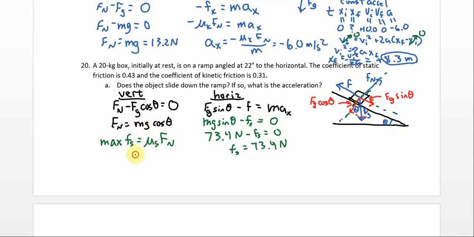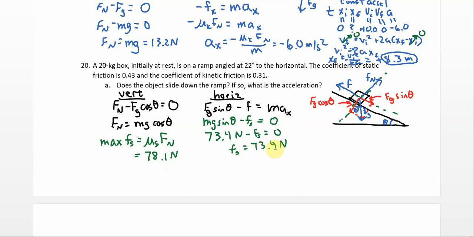So let's figure out what that equals. μs is 0.43 times normal force, so times mg, so times 20 times 9.80 times the cosine of 22 degrees, and that is 78.1 newtons. So static friction can get up as far as 78.1 newtons.